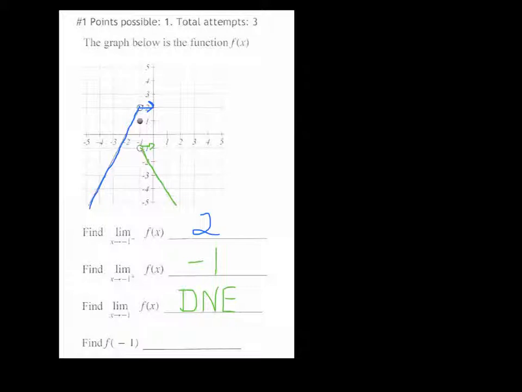Now f of -1 is an entirely different question. That one's just asking what is the value of y when x is -1. So when x is -1, the value of y would be +1 because that's where the closed dot is there.